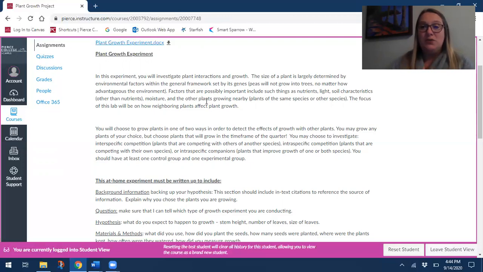You can also do intraspecific competition, meaning that you want to see if plants can grow by others that are like them. So you maybe will choose one type of plant and you'll plant them in a big group in one pot. Then you plant them in a little smaller group and then maybe plant them by themselves.